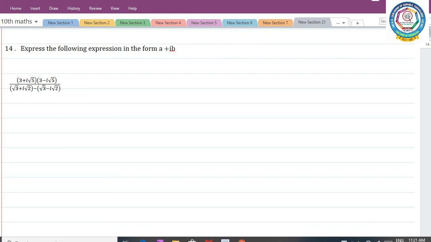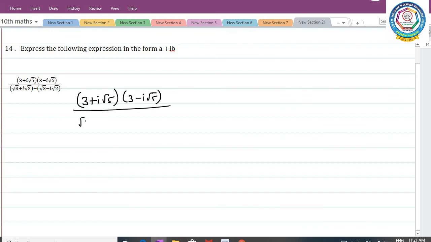First, we have to simplify these expressions.